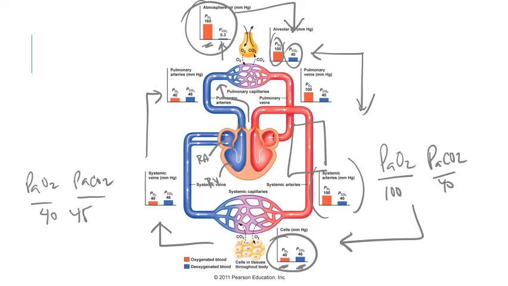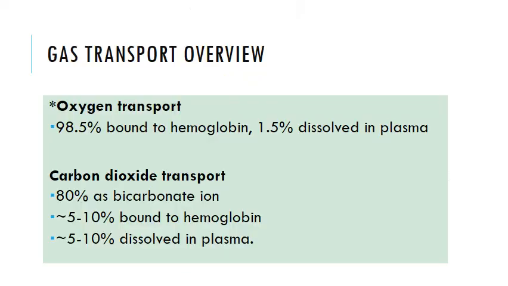And when it arrives here, it undergoes that same diffusion process and it starts all over again. Understanding how oxygen and carbon dioxide are transferred in the blood is extremely important in pulmonary medicine. As we know, oxygen is primarily bound to hemoglobin, but there is an unbound portion that is dissolved in plasma, comprising about 1.5%.